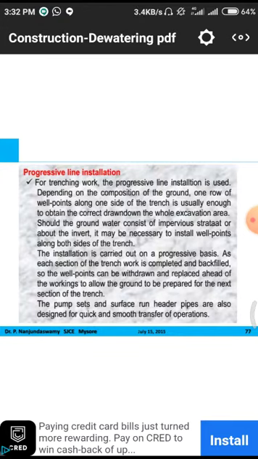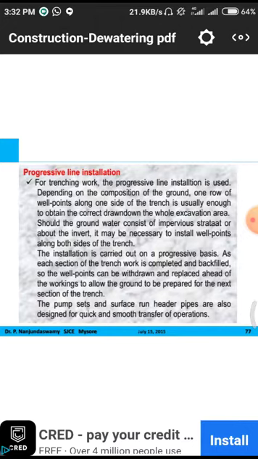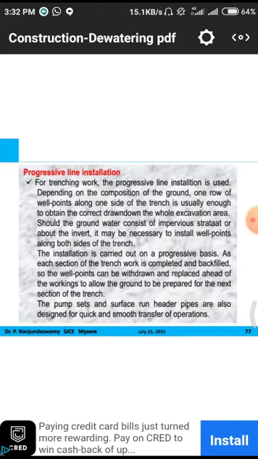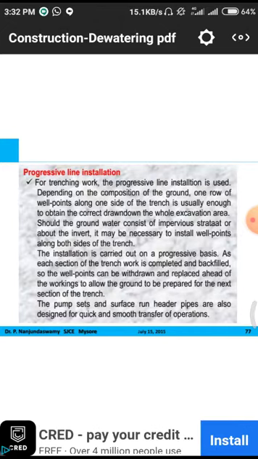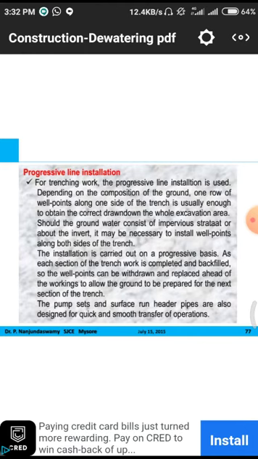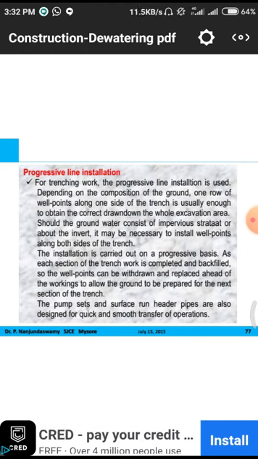Pervious means water normally flows to the ground level. Impervious means there is no flowing to the ground level, simply the water is stagnant in a particular position. So those kinds of water we have to remove easily by using these motors. But installation is carried out on a progressive basis.